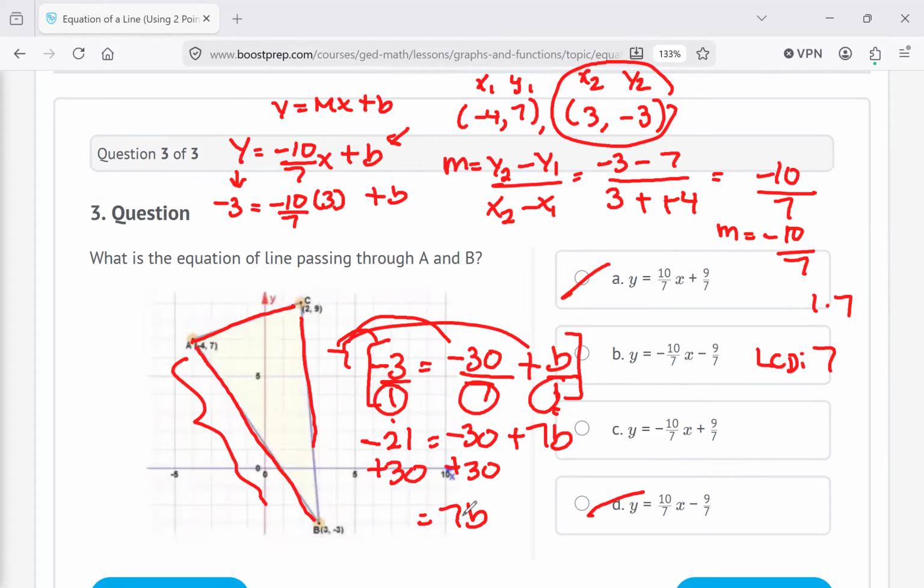Then what's 30 minus 21? 9. Then divide by 7, and you get b equals 9 sevenths. So it looks like it is letter C because it has a slope of negative 10 sevenths and a b of 9 sevenths.